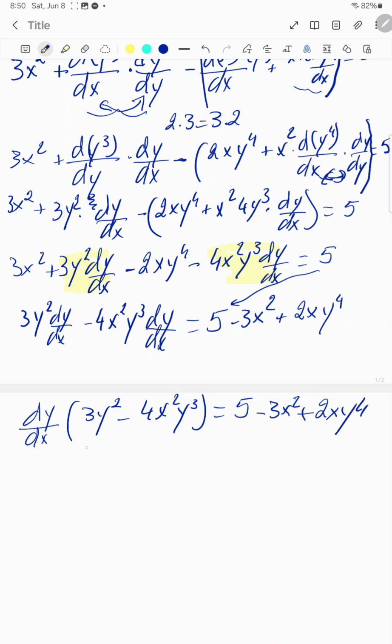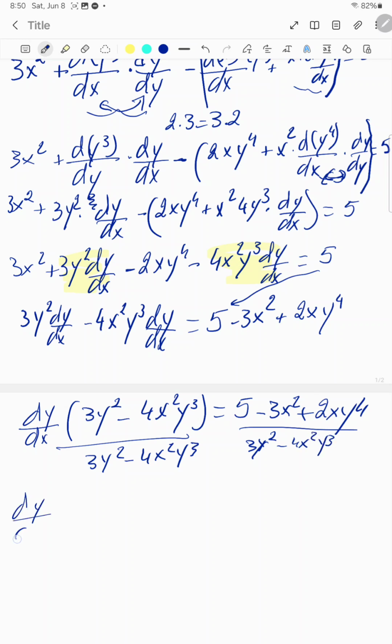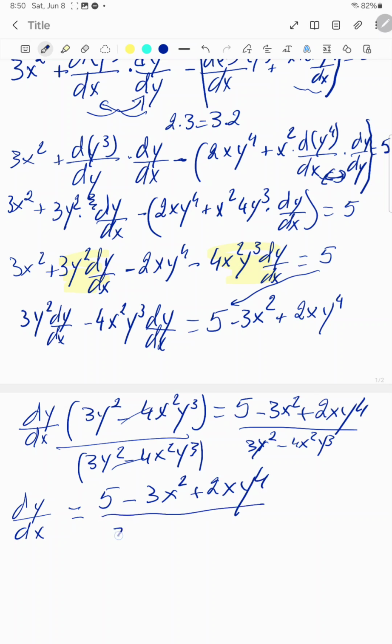And now I can divide both sides by 3y squared minus 4x squared y cubed. So my dy over dx equals 5 minus 3x squared plus 2xy to the power of 4 divided by 3y squared minus 4x squared y to the power of 3.